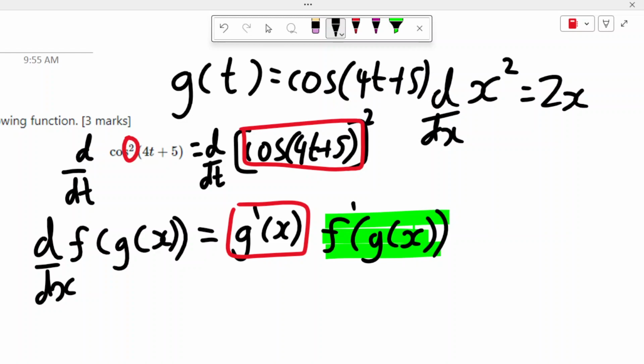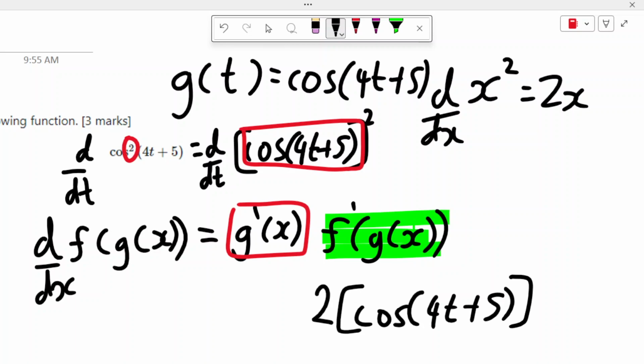So now this stuff in green is going to be 2 cos(4t plus 5). So you see it's the function on the outside, which is the f bit, the x squared. And when we differentiate that, we just want to differentiate the outside bit.